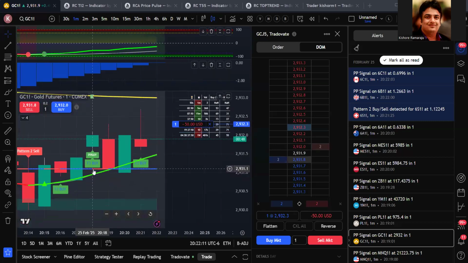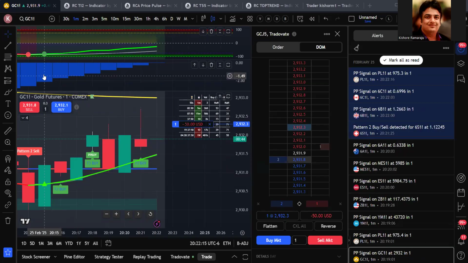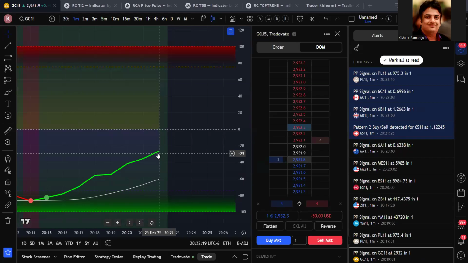Again, your price pulse is blue. You have a lot of buyers here. Your T5 is green. This is blue. This is creating a magic pattern. We know that gold is already bullish. So if we wait for some time, again we'll make another $100 here.